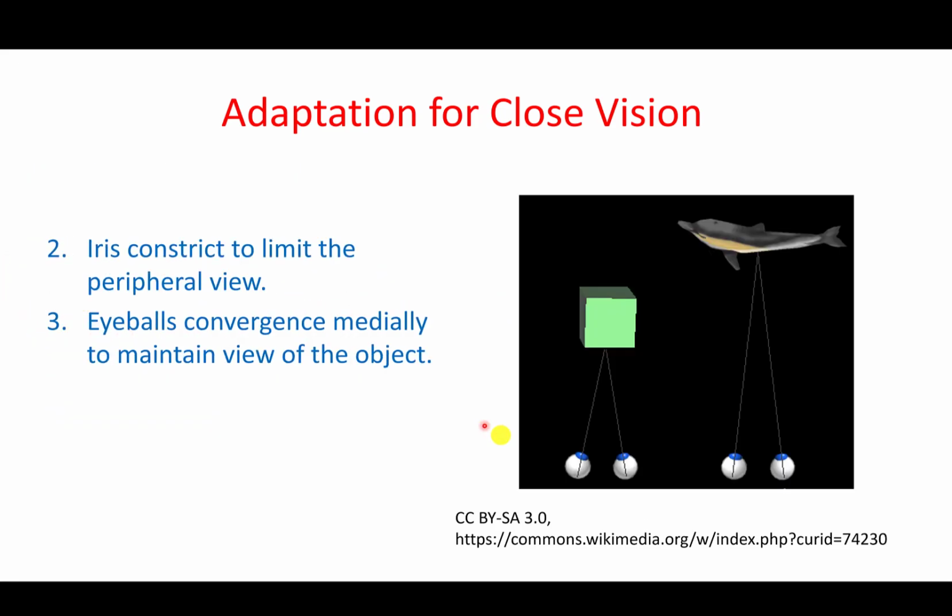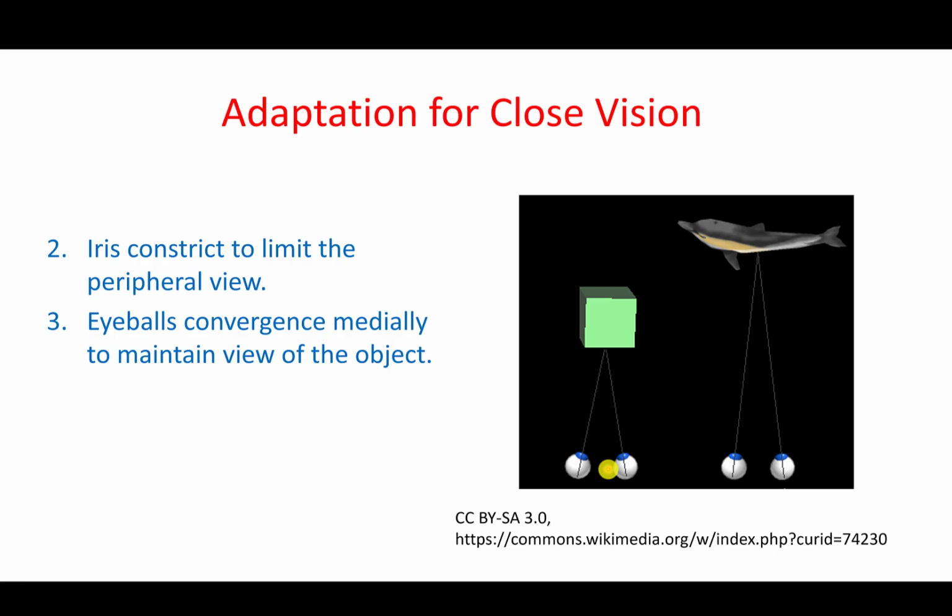The second adaptation for close vision is that the eyeballs will turn toward the inside. And the closer we get to the object, or the object gets to us, our eyes will turn more inside, medially. And for some people, sometimes their eyes will get stuck or locked inside, so they will be looking toward the midline of the body.